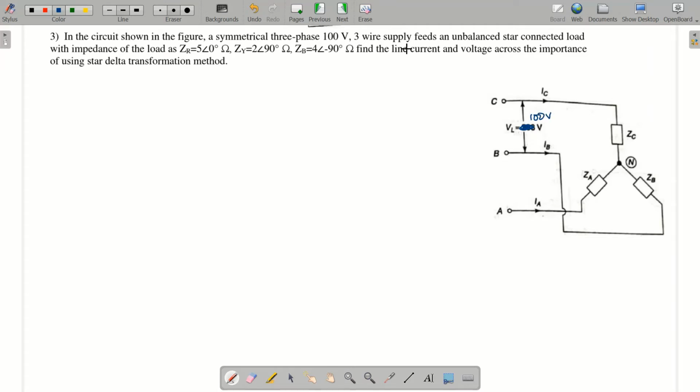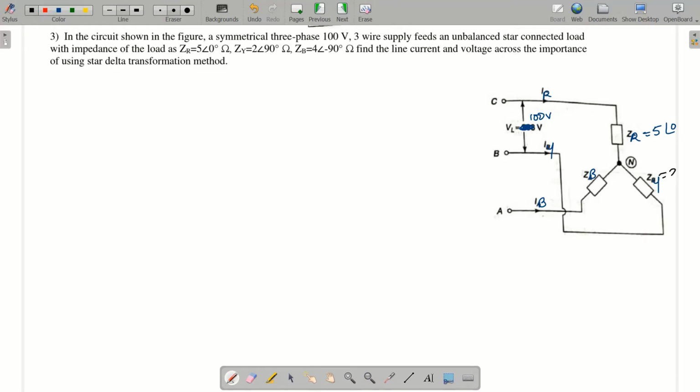Okay. A 3-phase supply feeds an unbalanced star connected load with an impedance of ZR equal to 5. I think the figure is wrong. Okay. R Y B. So, take this, change the notation. Take it as R, Y, B. So, ZR will be equal to 5 at an angle of 0.